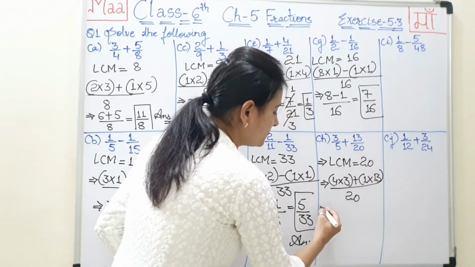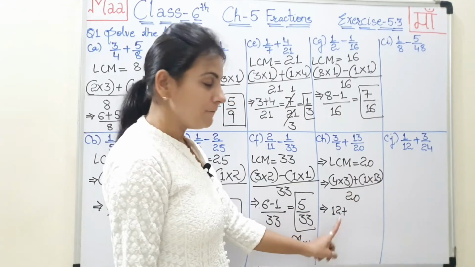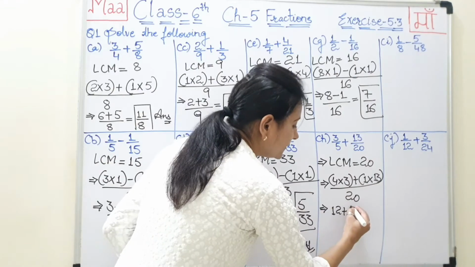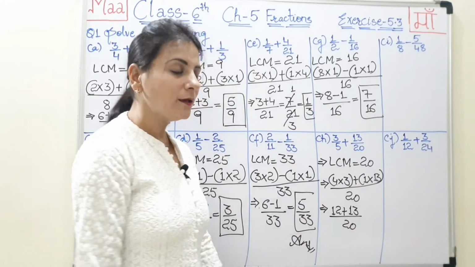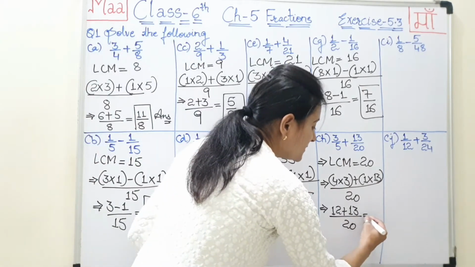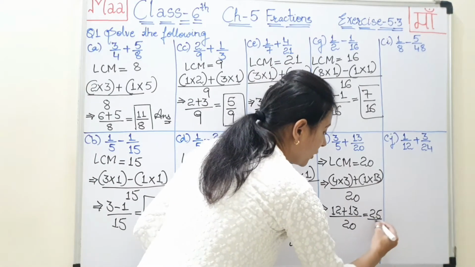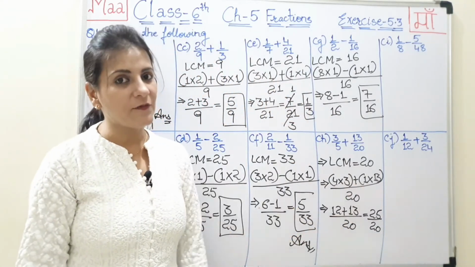Okay. Next step, do the multiplication. 4 into 3 is equal to 12 and 13 into 1 is equal to 13 upon 20. Okay. Now we will do addition. So 12 plus 13 is equal to 25 upon 20. यहाँ पर after addition you will get 25 upon 20.